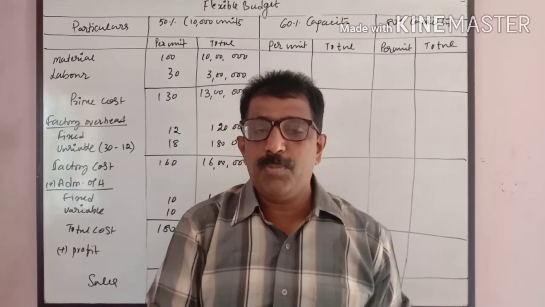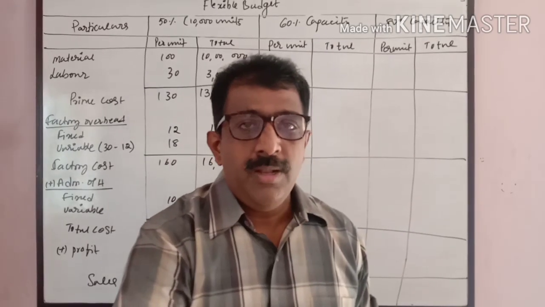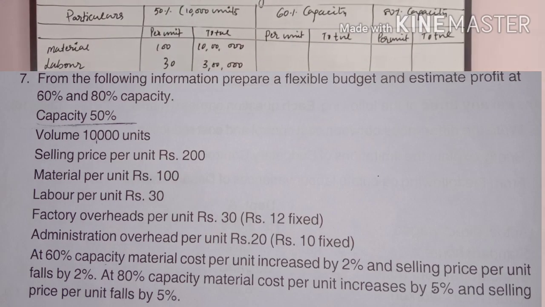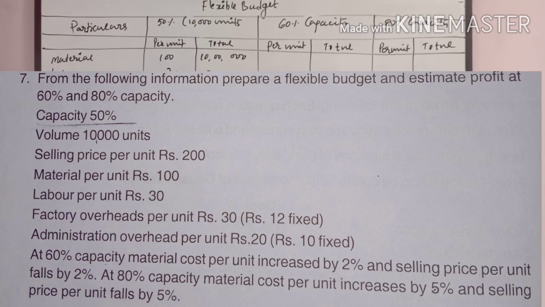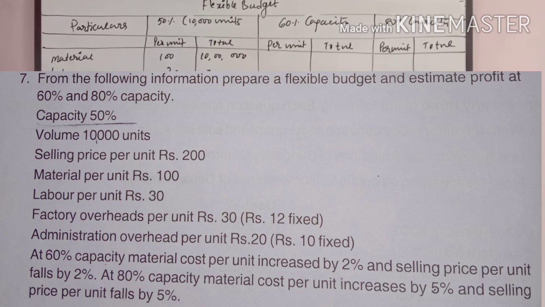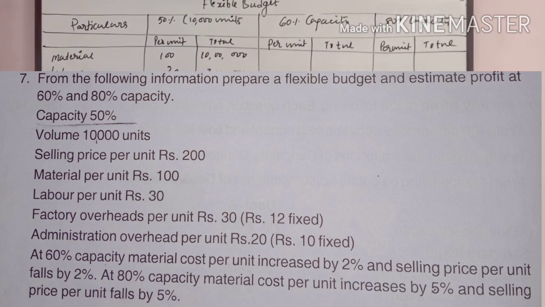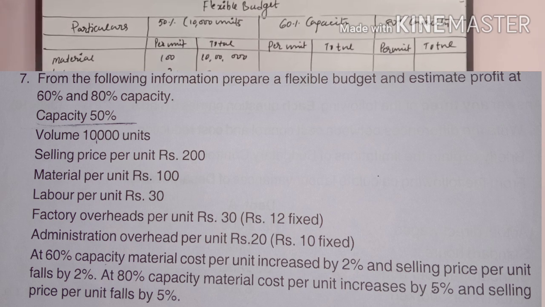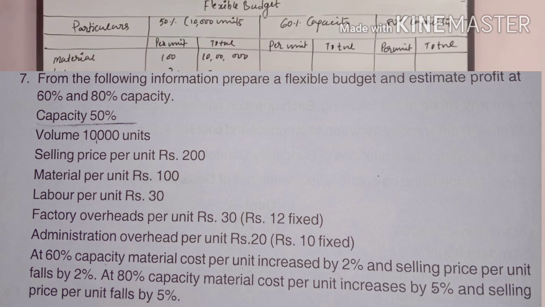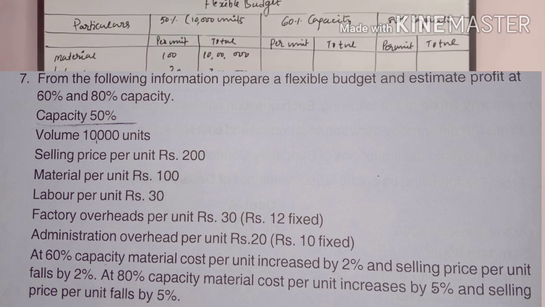Now let me take one problem and work out the flexible budget. From the following information, prepare a flexible budget and estimate profit at 60% and 80% capacity. Capacity at 50%, volume 10,000 units, selling price per unit 200, material per unit 100, labor per unit 30, factory overhead per unit 30, out of that 12 is fixed, administration overhead per unit 20, out of that 10 is fixed.